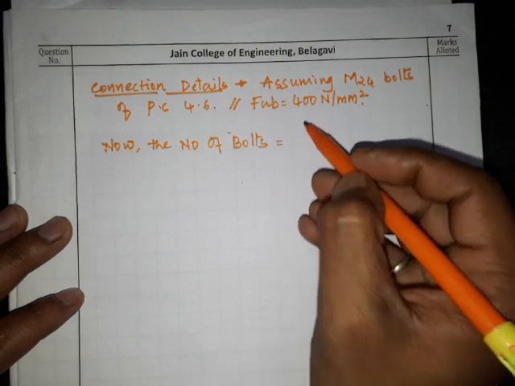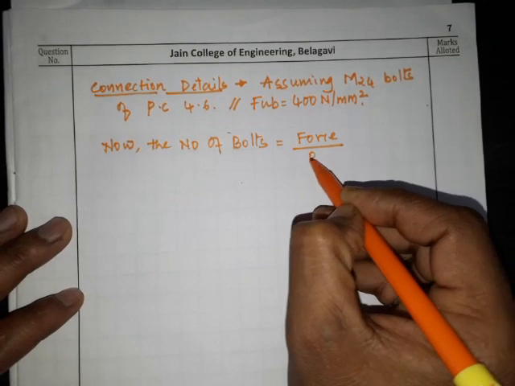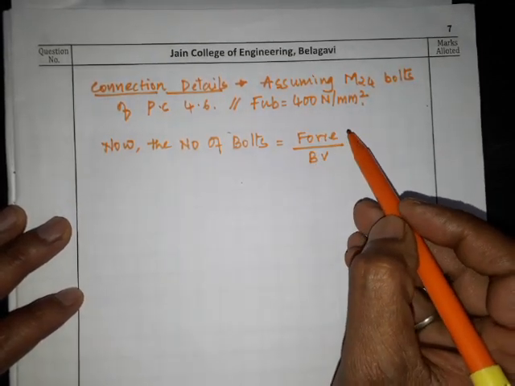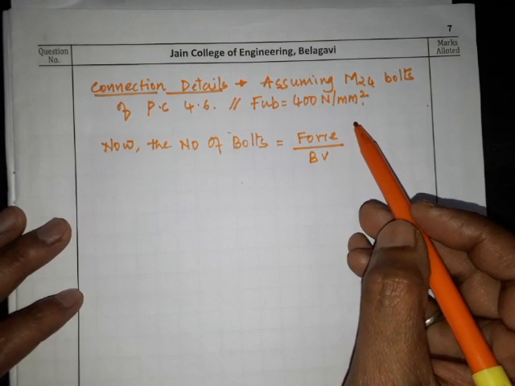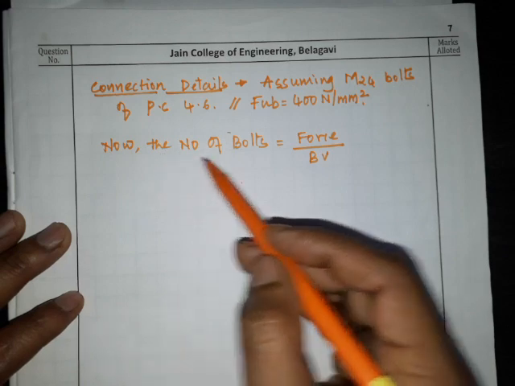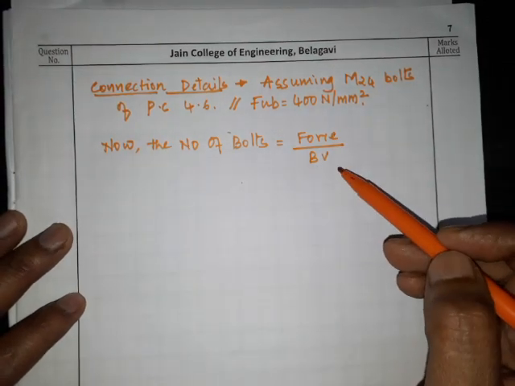The number of bolts will be force divided by bolt value. Force means the maximum force in the member divided by bolt value.